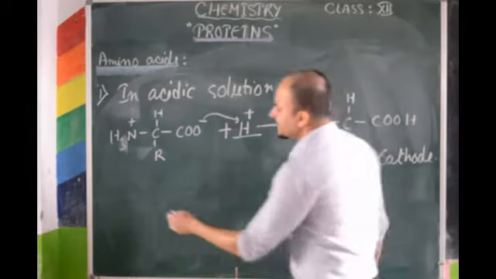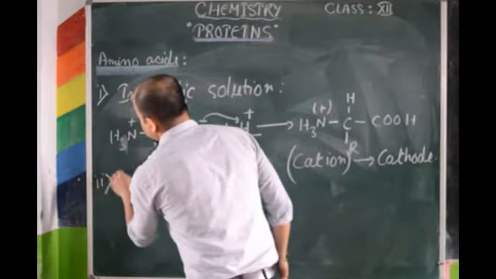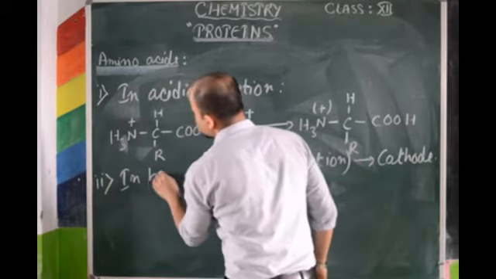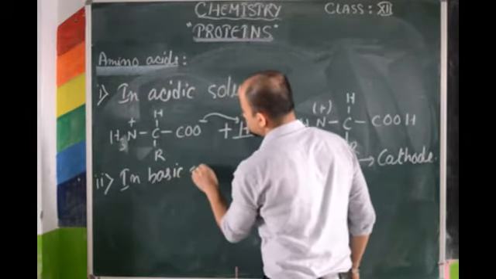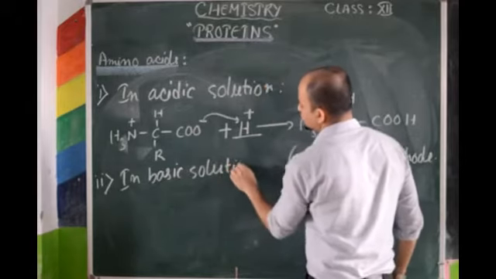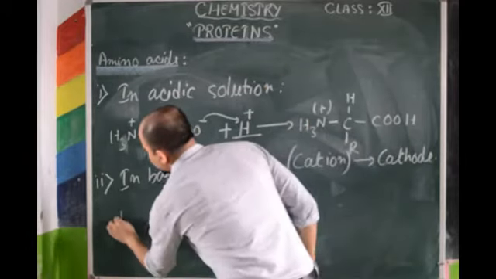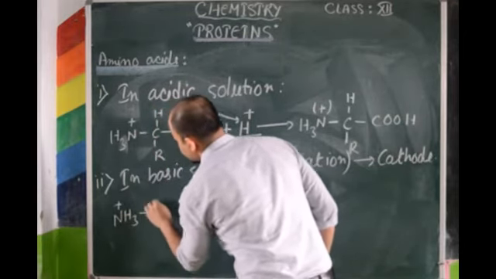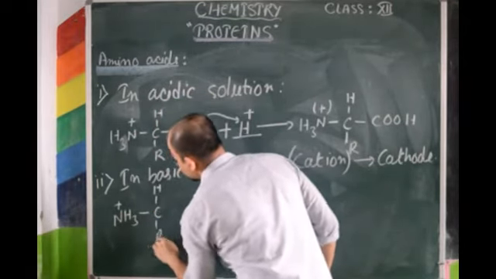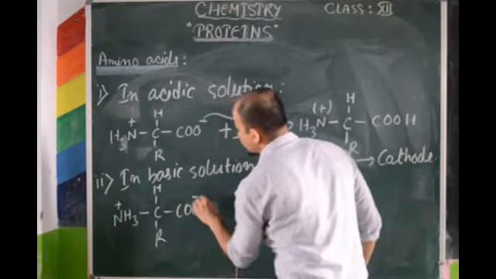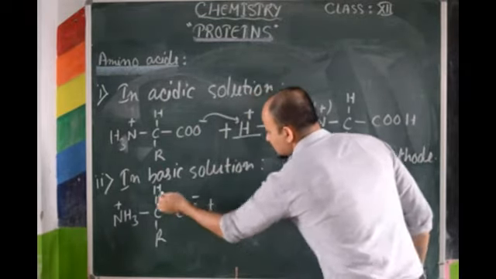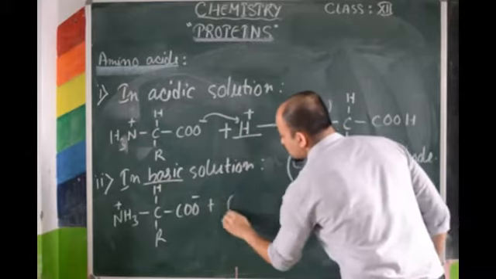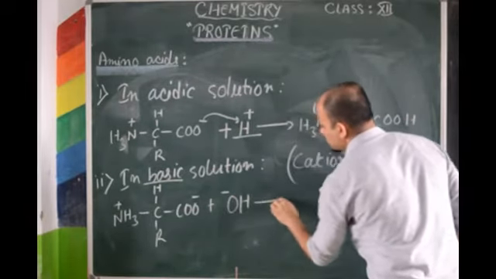Now, similarly, in basic solution, what will happen? Here we have NH3 plus CH R, and here you have COO minus. Basic solution means you will have OH minus ions available in the solution.